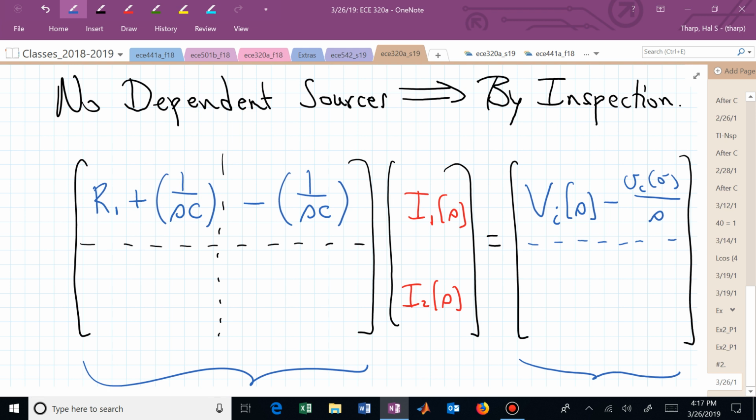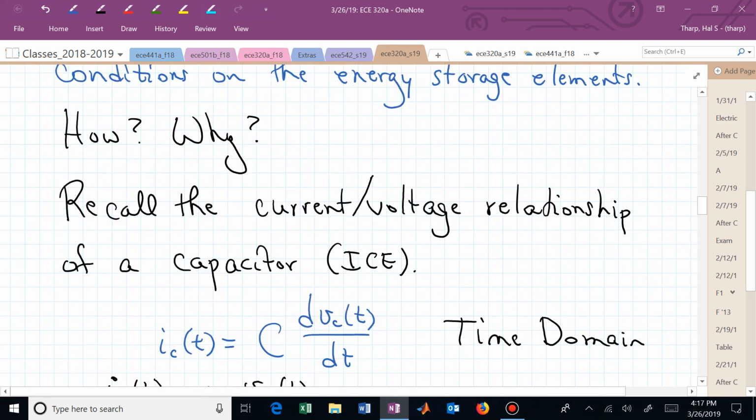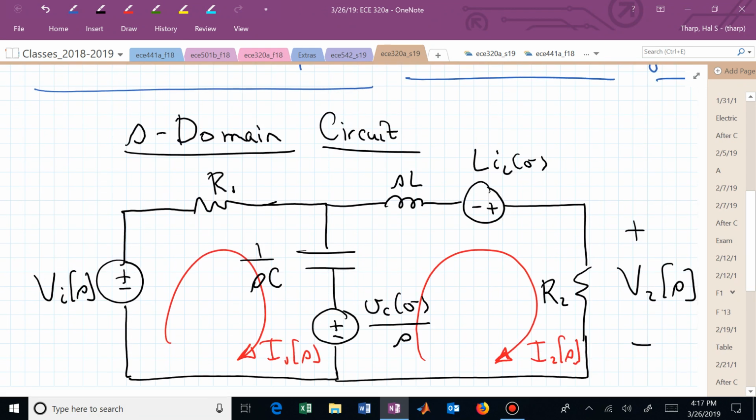Can you now write down the second row using the same process? Well, if we can follow this process, that means we better put in all of the impedances that I sub 2 touches. The sum of those.